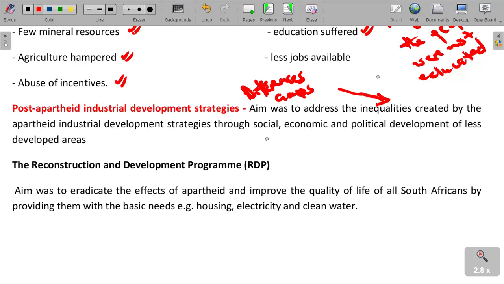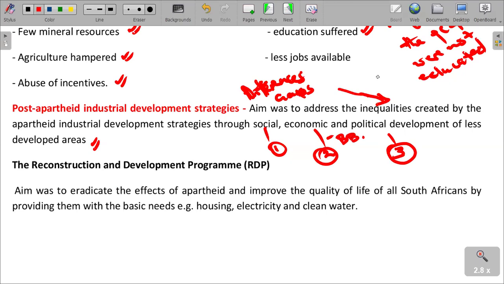That was done through social, economic and political development of less developed areas. So the living standards of people were improved, targeted, empowered. The economic, we talk about various policies that were put in place.